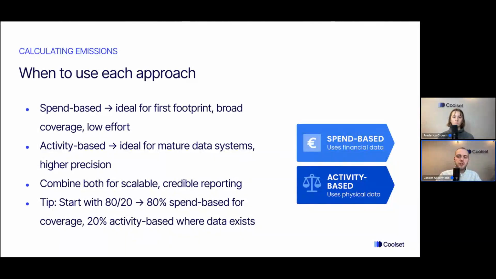When to use each approach, I think it's already quite clear, but essentially spend-based is ideal for first footprint, broad coverage, and low effort, so kind of a hotspot analysis. And activity-based is ideal for mature data systems and has higher precision, of course. You should combine both for scalable, credible reporting.